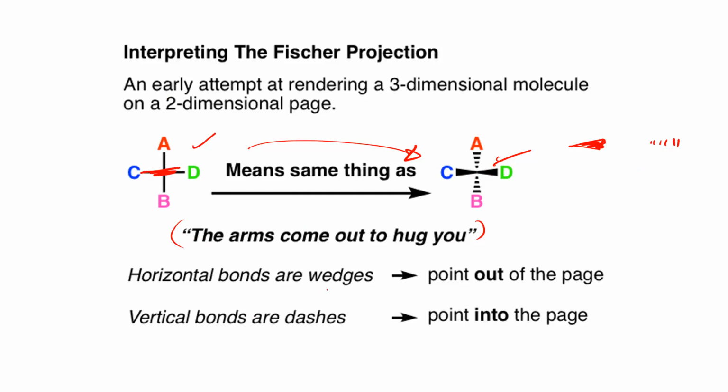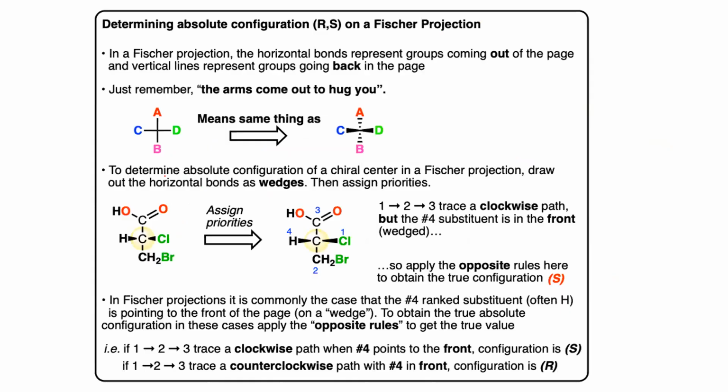So horizontal bonds are wedges, pointing out of the page. Vertical bonds are dashes, pointing into the page. That's what I just explained. The horizontal ones point out of the page, and A and B, the vertical lines, are going away from you, pointing into the page. That is the meaning of these Fischer projections in 2D.